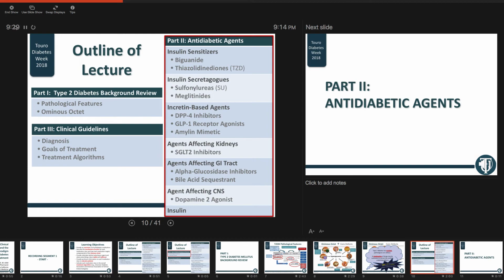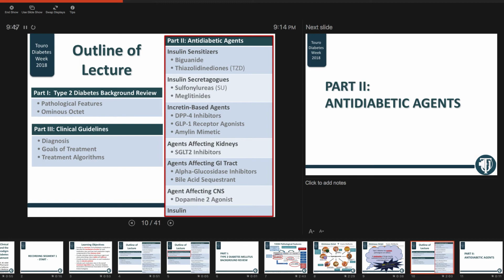First, we will talk about insulin sensitizers: there are biguanides and thiazolidinediones, also called TZDs. We also have insulin secretagogues: sulfonylureas and meglitinides.